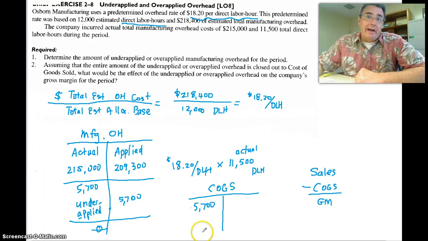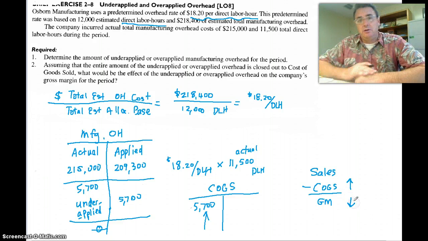So if we add a debit to cost of goods sold, that's going to increase our cost of goods sold for the period. So if we increase cost of goods sold in this format, what's going to happen to your gross margin? Remember, cost of goods sold is subtracted from sales. So if you increase cost of goods sold, you're going to decrease your gross margin. Can you handle that? I hope so.